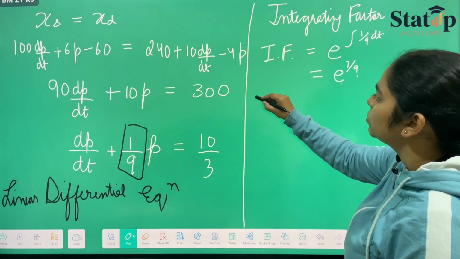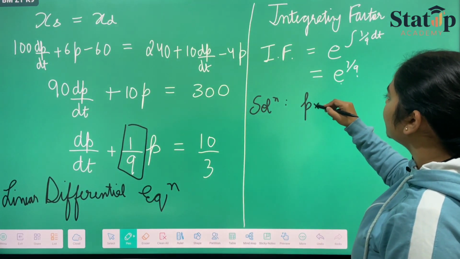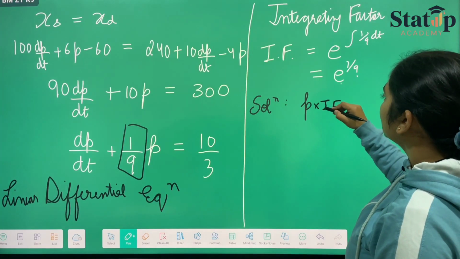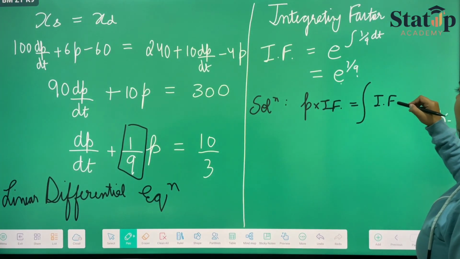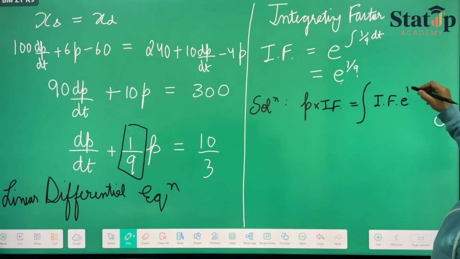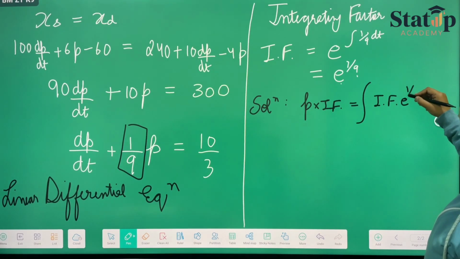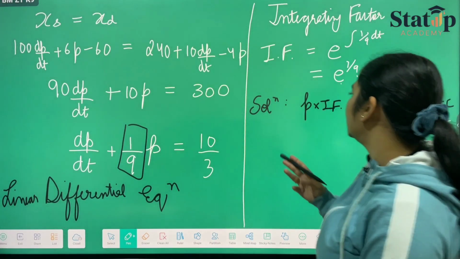Now the solution to this equation would be p into integrating factor equals integration of integrating factor into 10 upon 3 dt plus c, where c is some constant of integration.